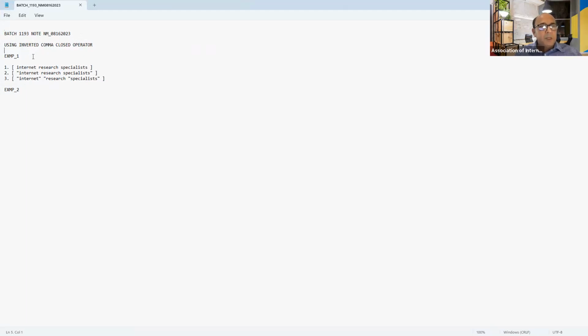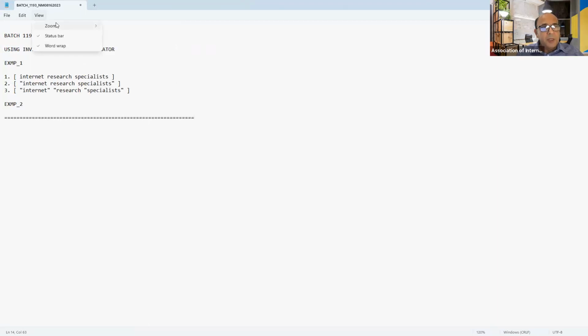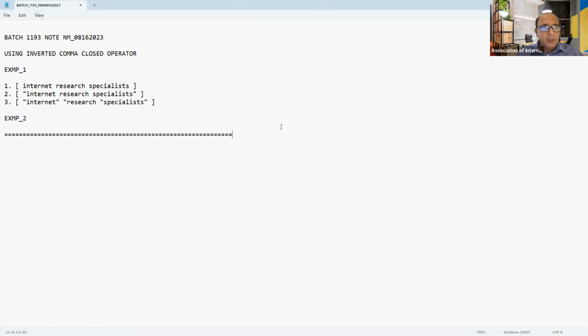For now, just to avoid a lot of writing, I'm going to first of all zoom in a little so that it's big enough for everyone to see clearly. I think this should be clear enough. So never mind what's above the line. I'm going to do EXM.